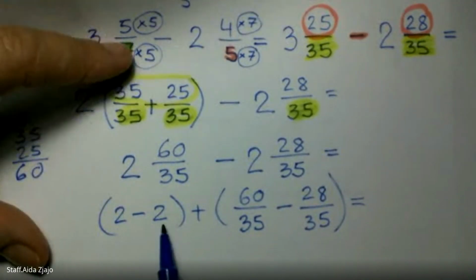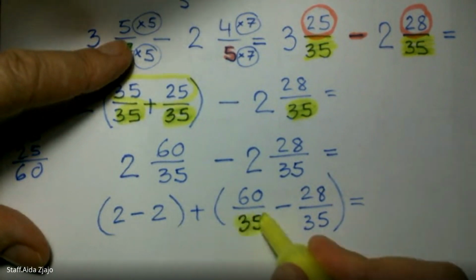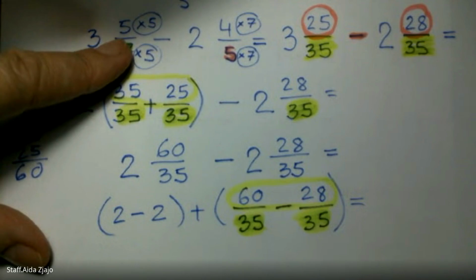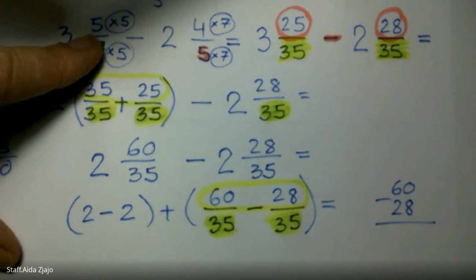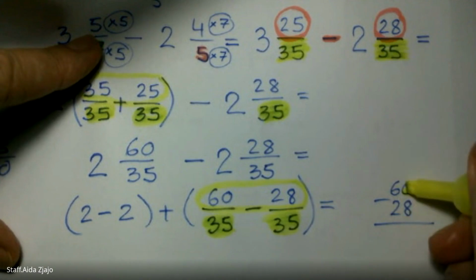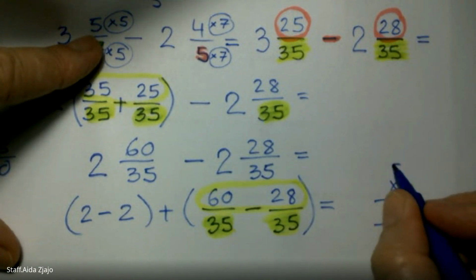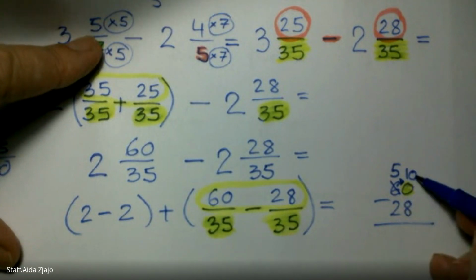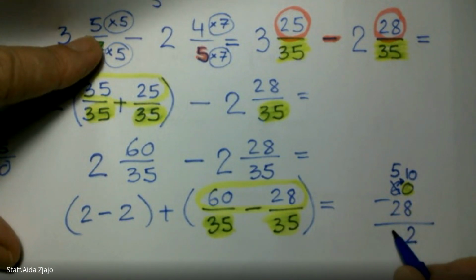So 2 wholes minus 2 wholes is 0. And then since the pieces are 35ths, I can say 60 minus 28. If you have 0 ones, you cannot give me 8 ones. So you have to regroup a 10 and get 5 tens, and 1 ten will make me 10 ones. 10 minus 8 is 2, and 5 tens minus 2 tens is 3.